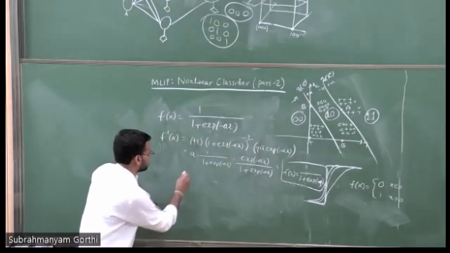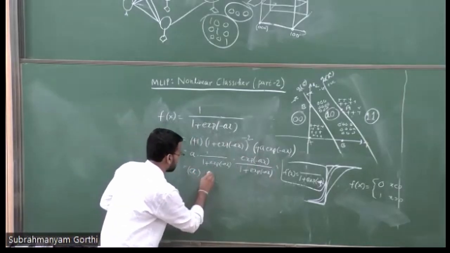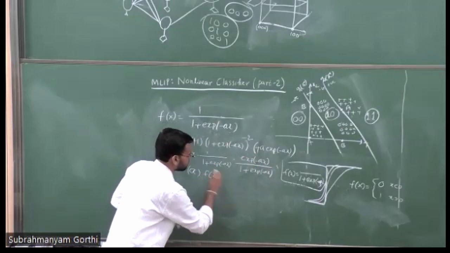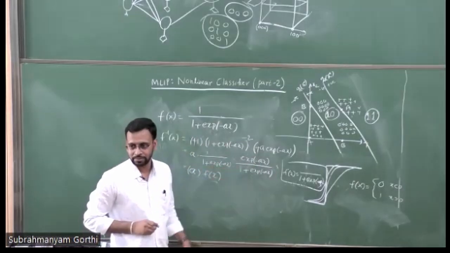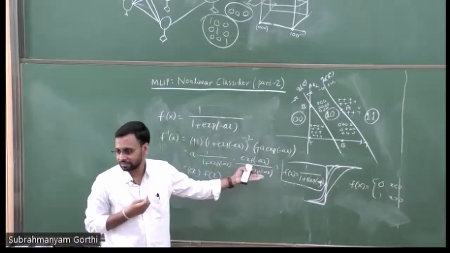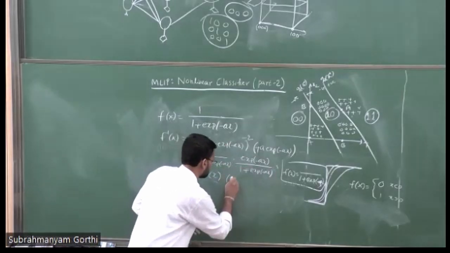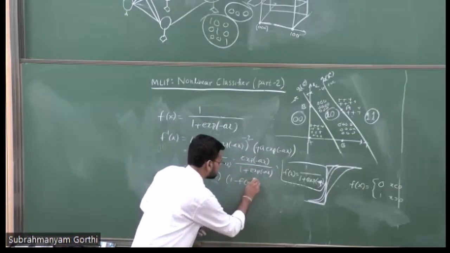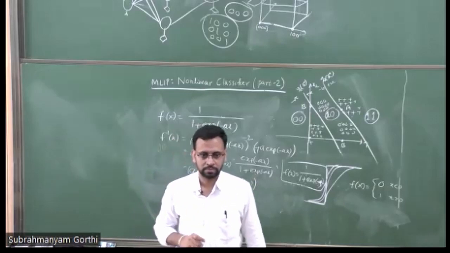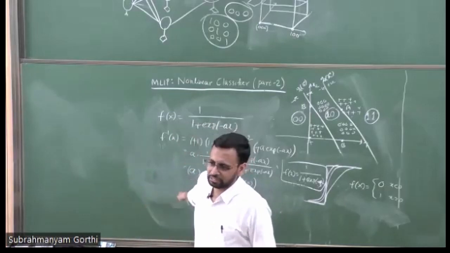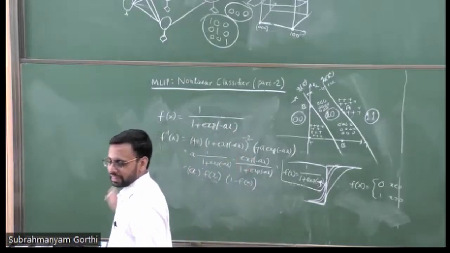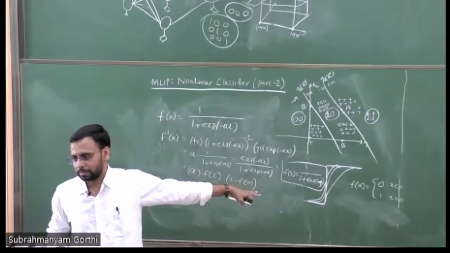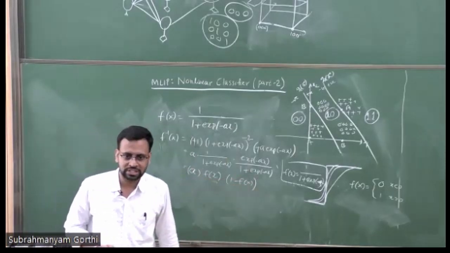So this would be equal to a times f of x times 1 minus f of x. That's the derivative we'll be using. We won't derive it again and again, so just keep this in mind. Okay, now we will stop it here.